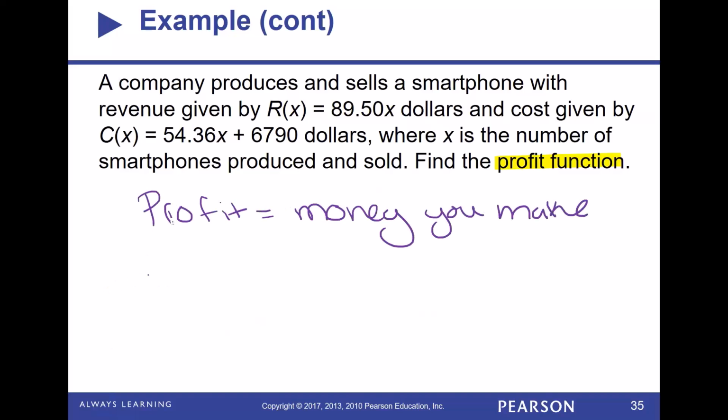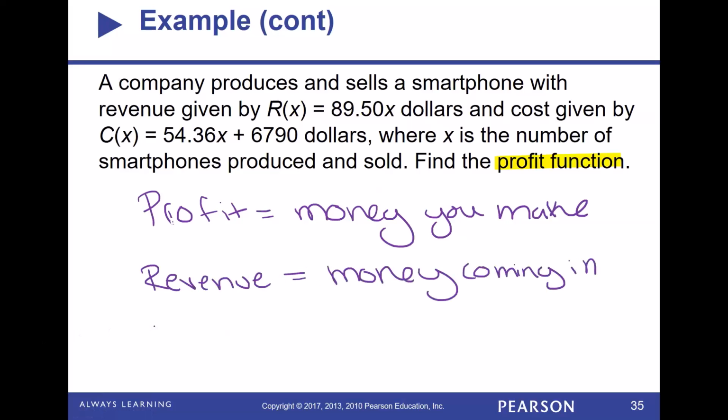Now, when you run a business, we have revenue, and revenue is not money I make, it's money coming in. Cost is the money used to produce something.